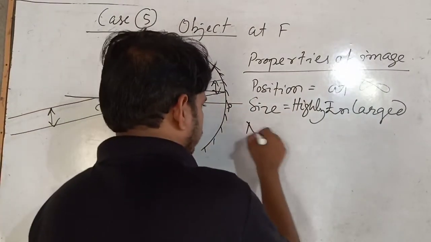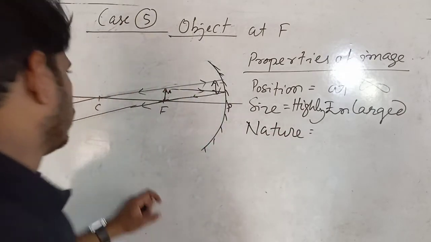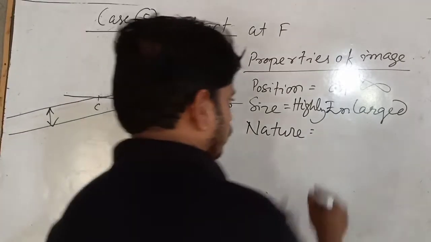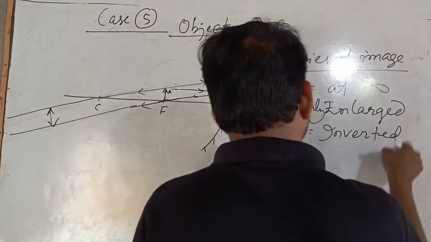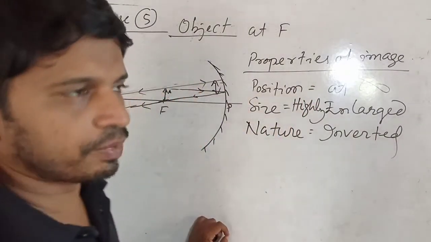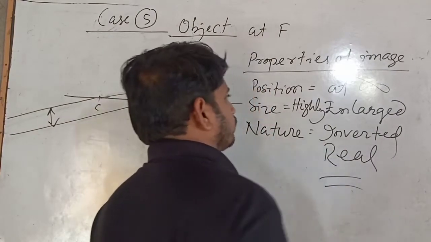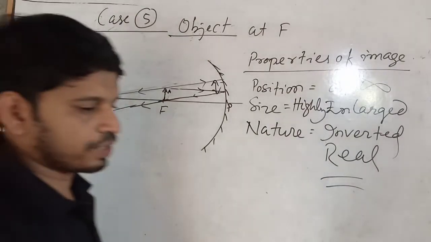And nature: it is highly enlarged. That means it is beyond F and C, so its nature is also inverted, as it is on the same side of the mirror. Write it. This is the case of infinity.